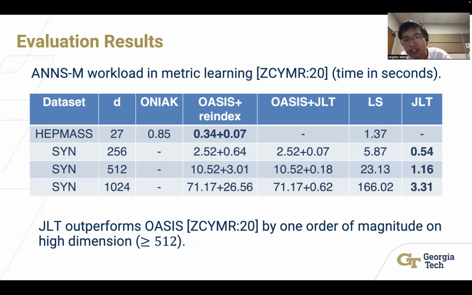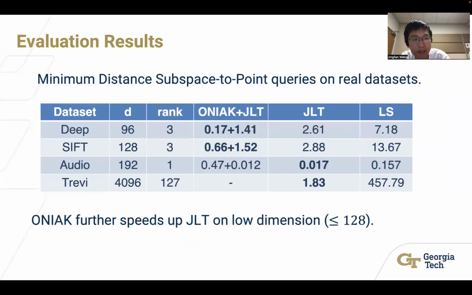We also combine OASIS with GLT as a study. The result shows GLT outperforms OASIS when the dimensionality is high, and the outperformance is more than 1 order of magnitude if dimensionality is very high.